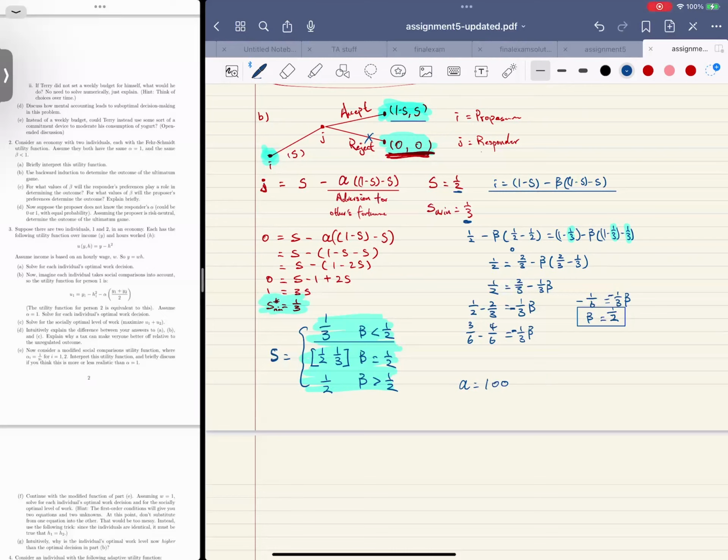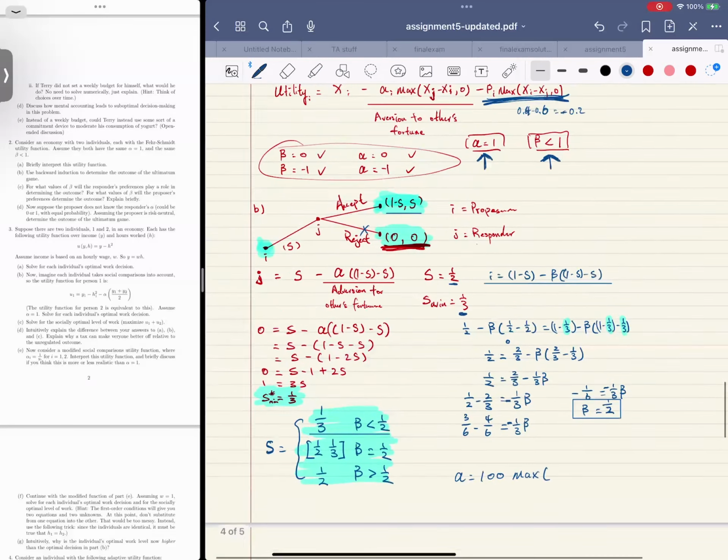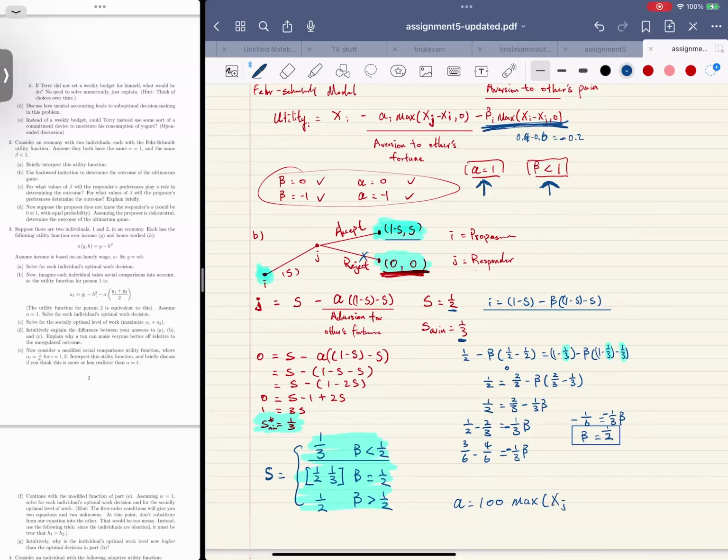Because your aversion to other people's fortune would be 0. This is alpha times max of xj minus xi, or 0.